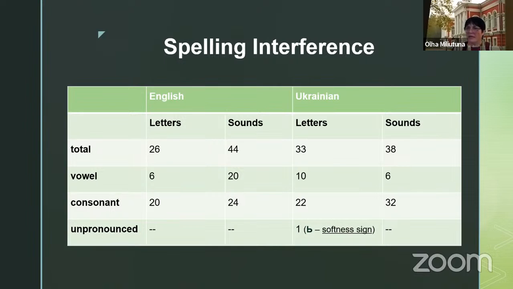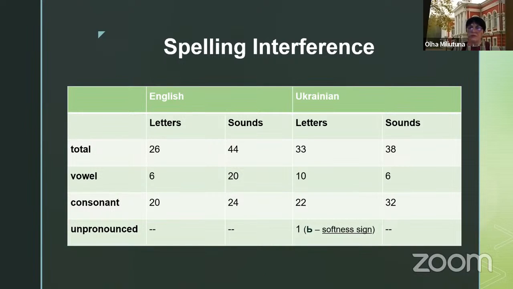The Ukrainian alphabet has 33 letters that represent 38 sounds. 10 vowel letters make up 6 vowel sounds, and 22 consonant letters make up 32 consonant sounds.